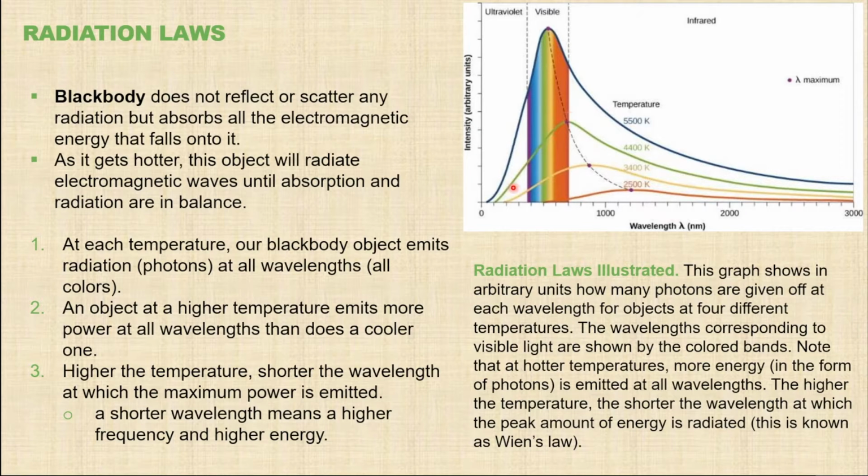So here, this increasing wave means the intensity is increasing, and the wavelength starts from 0 and goes up to 3000. We're only looking at the ultraviolet, visible, and infrared regions. Okay, 3 important things. These are the temperatures: 2500, 3400, 4400, and 5500 Kelvin.